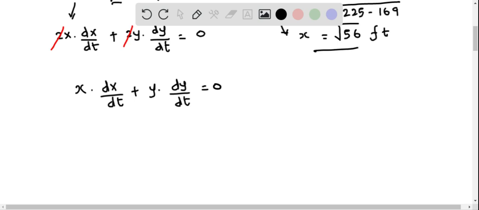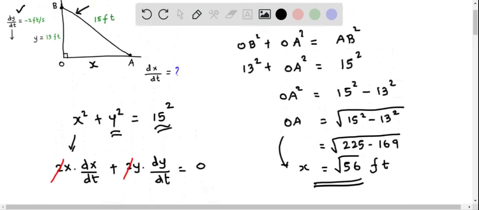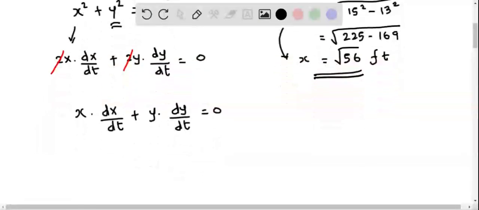We have found x when y equals 13 feet. So let's put the value of x as the square root of 56. So this is the square root of 56 times dx/dt, which we have to find, plus y.